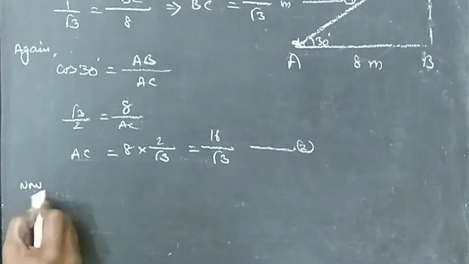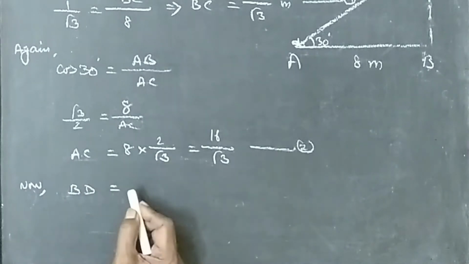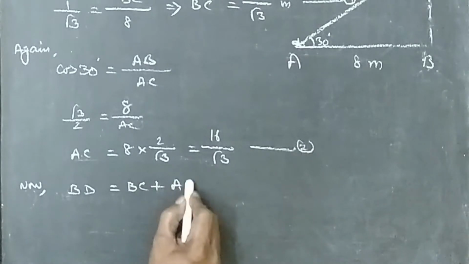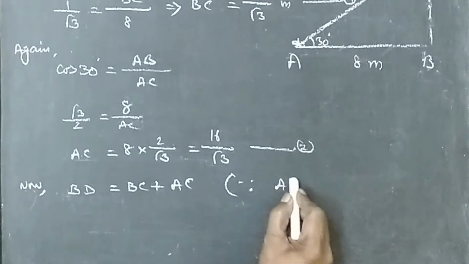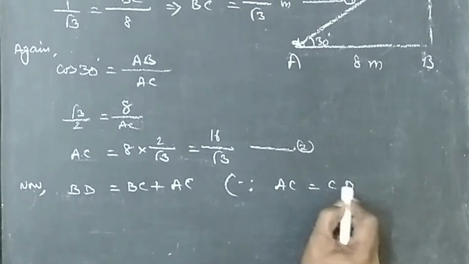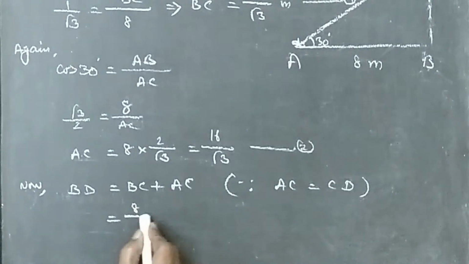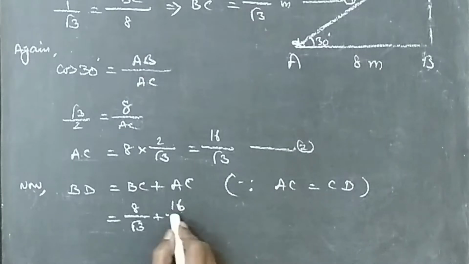Now BD is equal to BC plus AC, since AC is equal to CD. That is 8 by root 3 plus 16 by root 3.